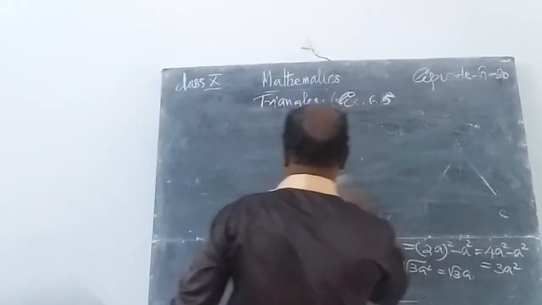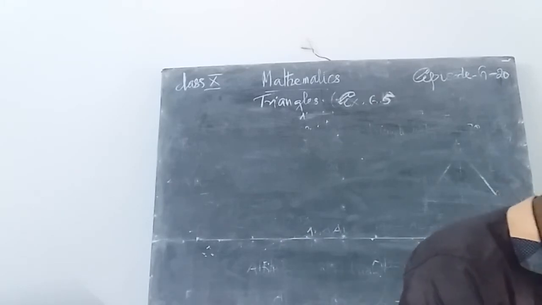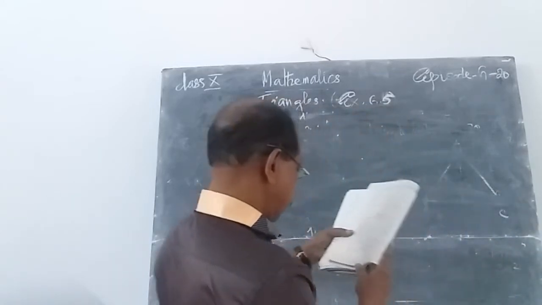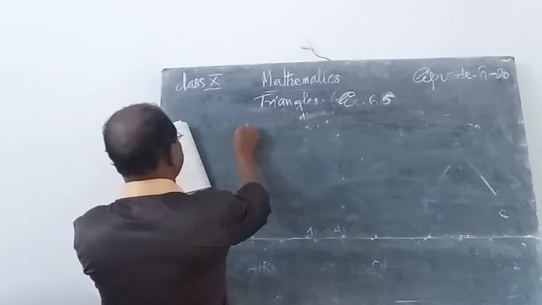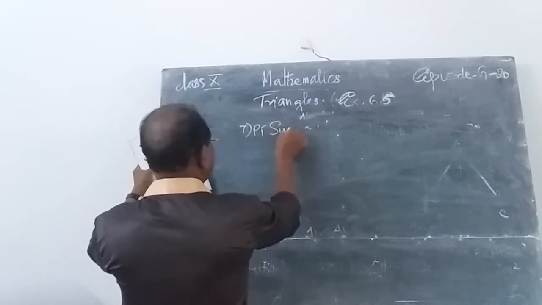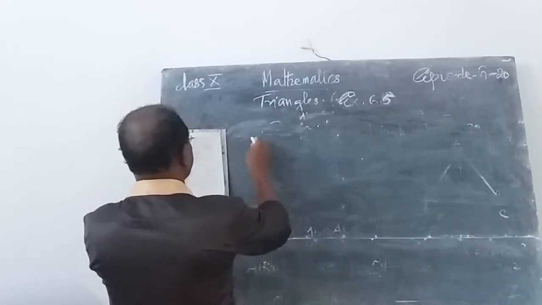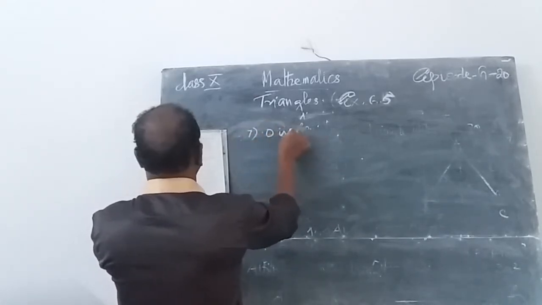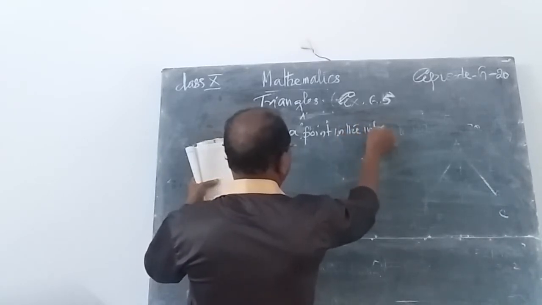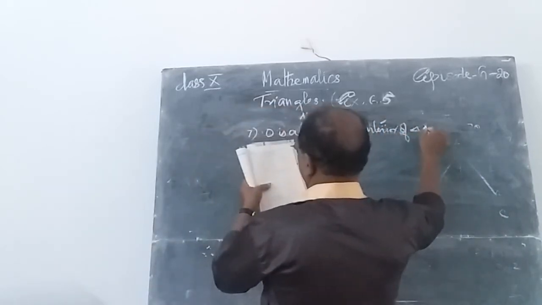Then the next question. Prove that, what is a point in the interior of triangle ABC.